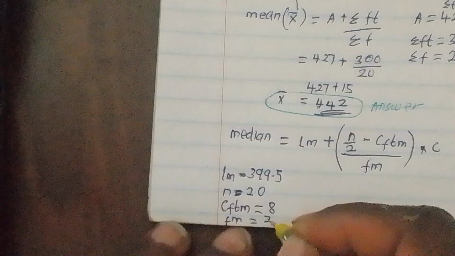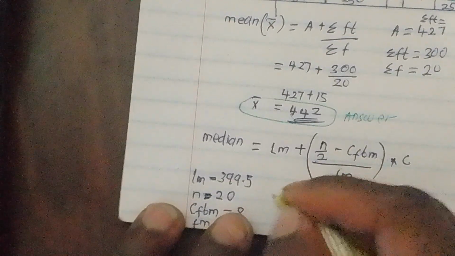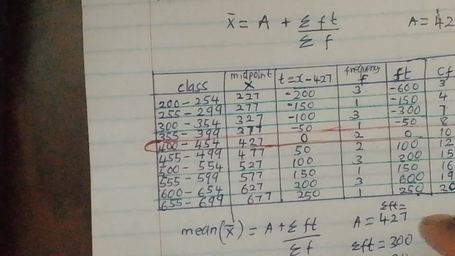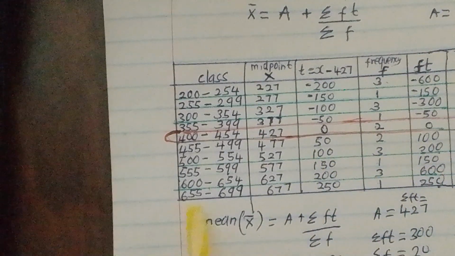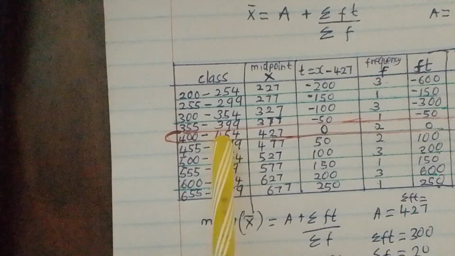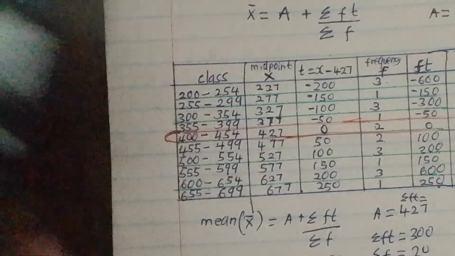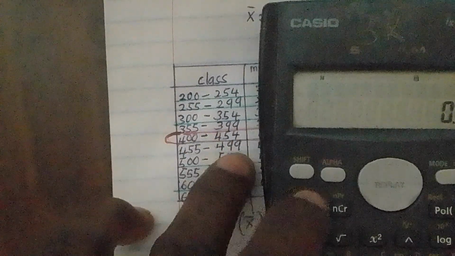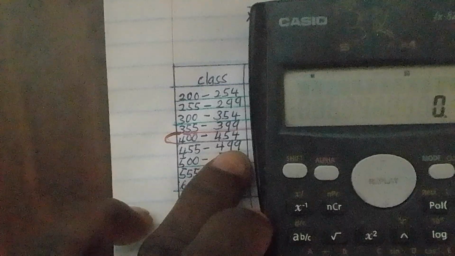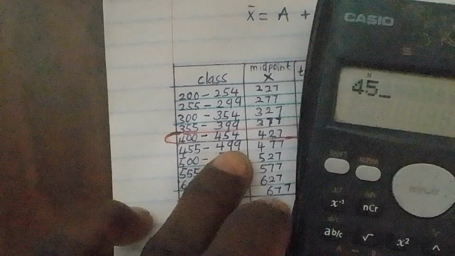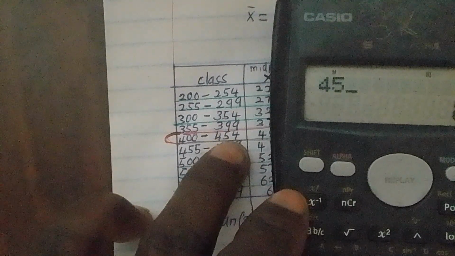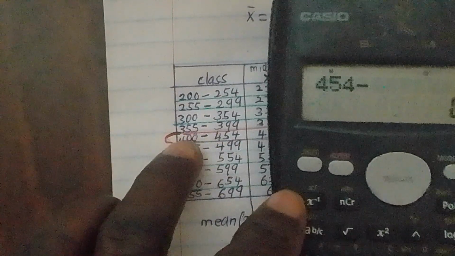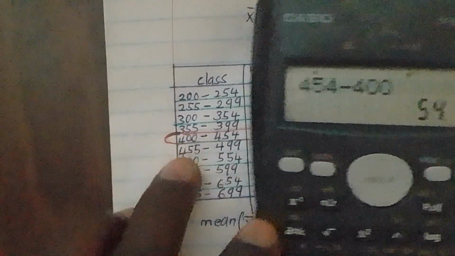We get 2. Then C is the class limit. So if you want to know the class limit or the class width, you will take the calculator and do 454, you subtract 400, you get 54.